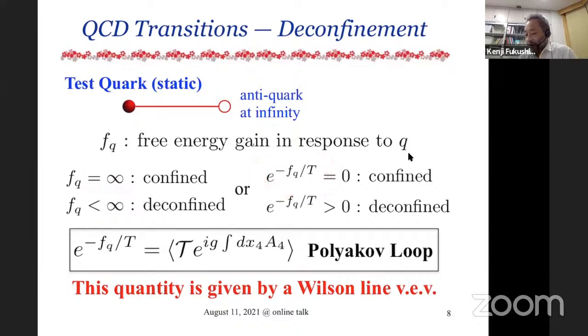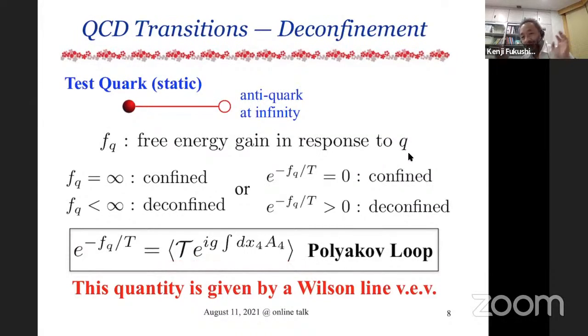So this exponential quantity can be regarded as an order parameter for the confinement phase transition. If this is zero, then you can think that the system is in the confined phase. In terms of the field theoretical language, this quantity is given by the expectation value of the Wilson line, which is called the Polyakov loop. So this is a formal definition of the order parameter.